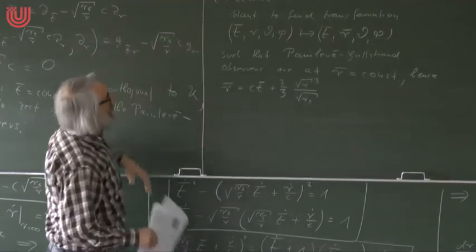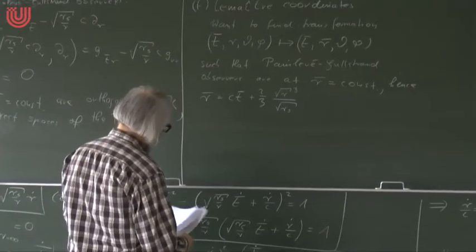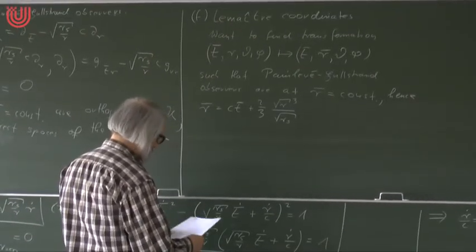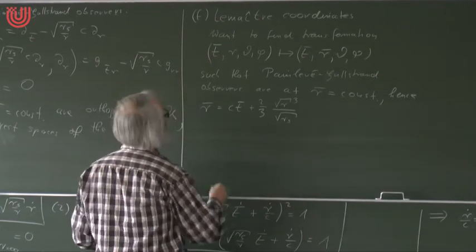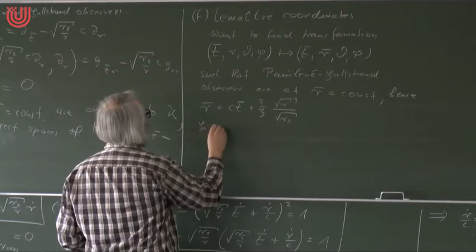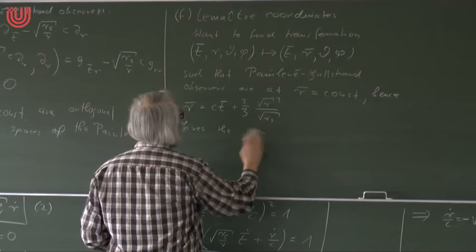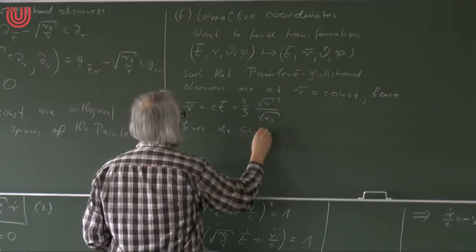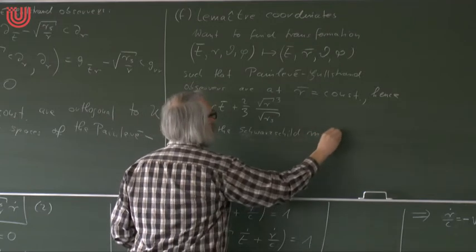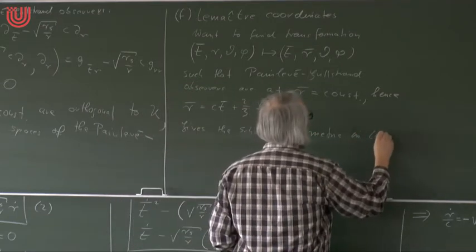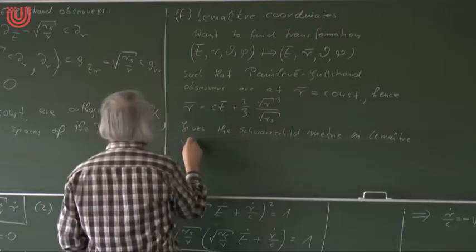Fine. And if you now write out the metric, then you get the Schwarzschild metric in Lemaitre coordinates. So I think I don't do this on the board. We can then discuss the metric in these coordinates a little bit.